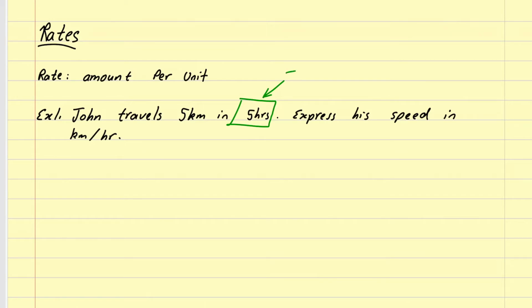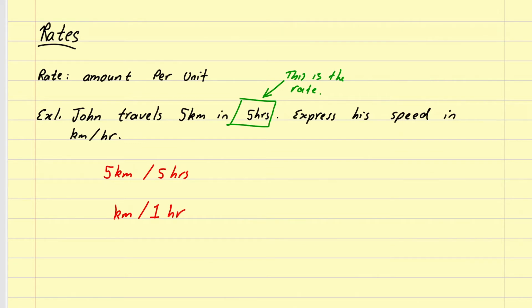I want you to think of this as the rate. So now the question says, express his speed in kilometers per hour. So originally, he travels 5 kilometers every 5 hours, and the question wants us to express it in kilometers per 1 hour.